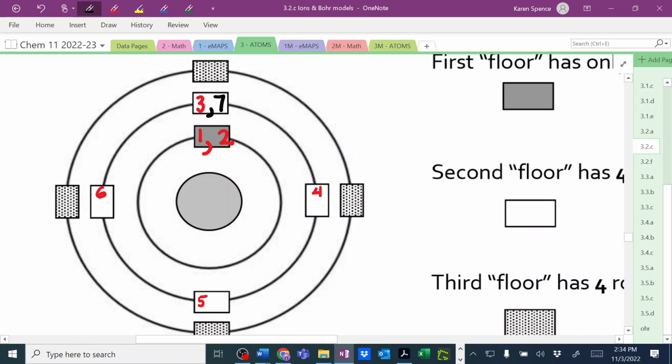Okay, so once each room has 1 electron in it, then they will pair up. Okay, but not until there's a single electron in each room. Yes? So 7, 8, 9, 10, and then you would do the same thing.